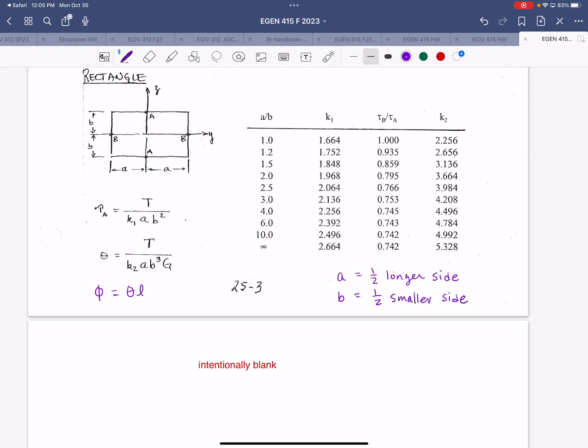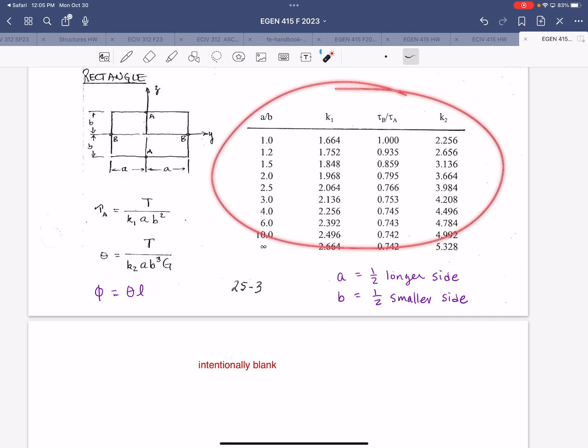I just wanted to spell that out and clarify it because you might have some different notations that can lead to confusion in the homework assignment. So just stick to this rule for using this table anyway, where lowercase a is half the longer side and lowercase b is half the smaller side.